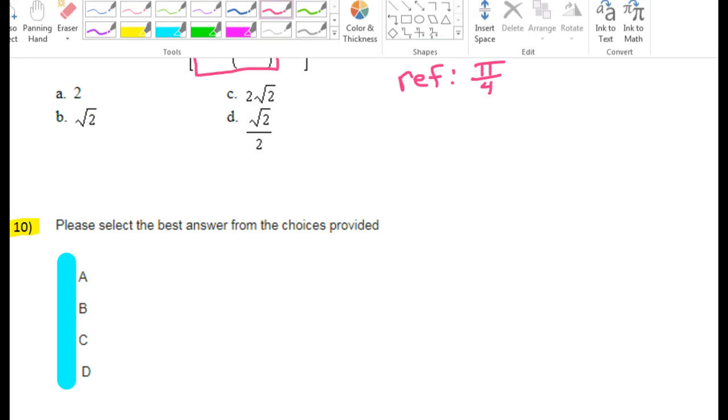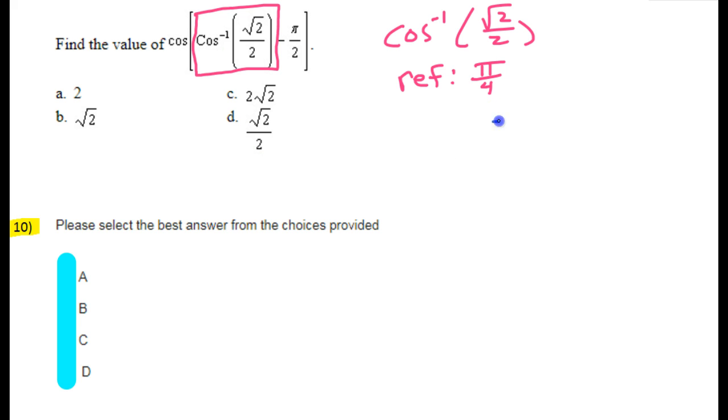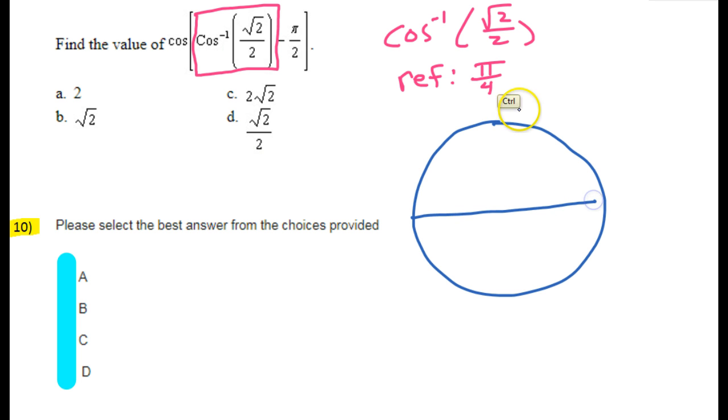The reason why that does not give us the final answer is because, okay, pi over 4 looks like this.